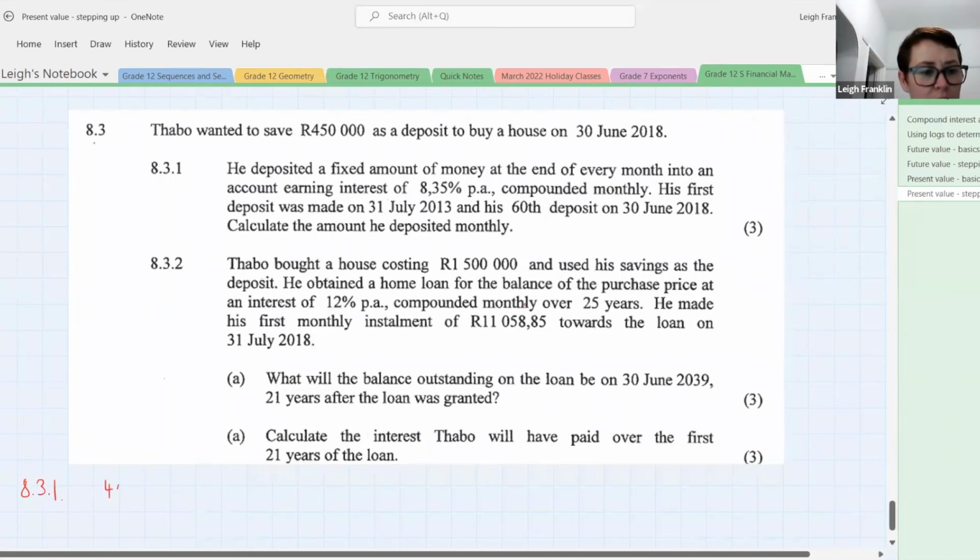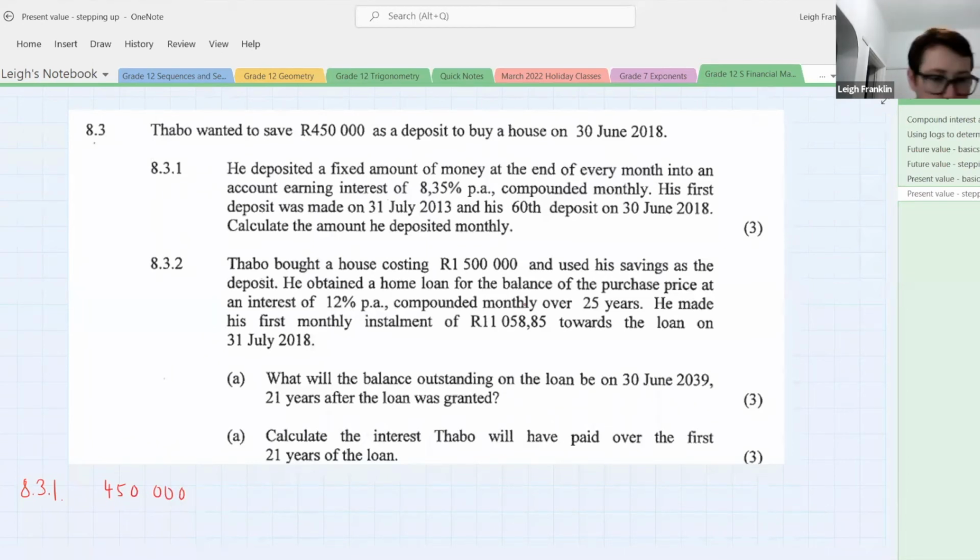He wants to save 450,000 Rand. We're calculating X. 1 plus his interest rate is 0.0835 all over 12. How long is he doing this for?